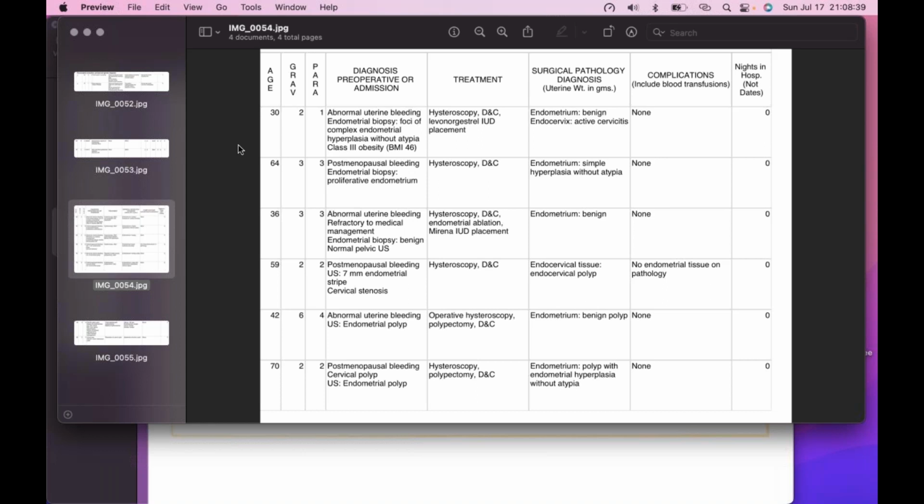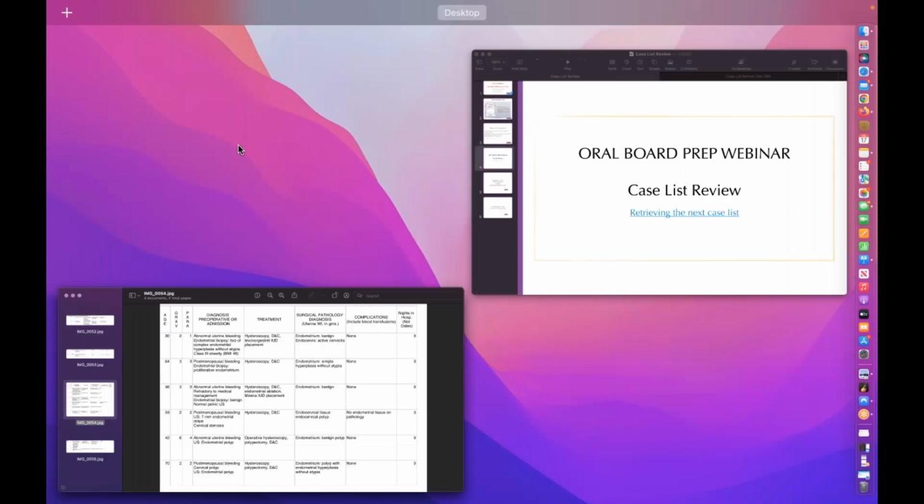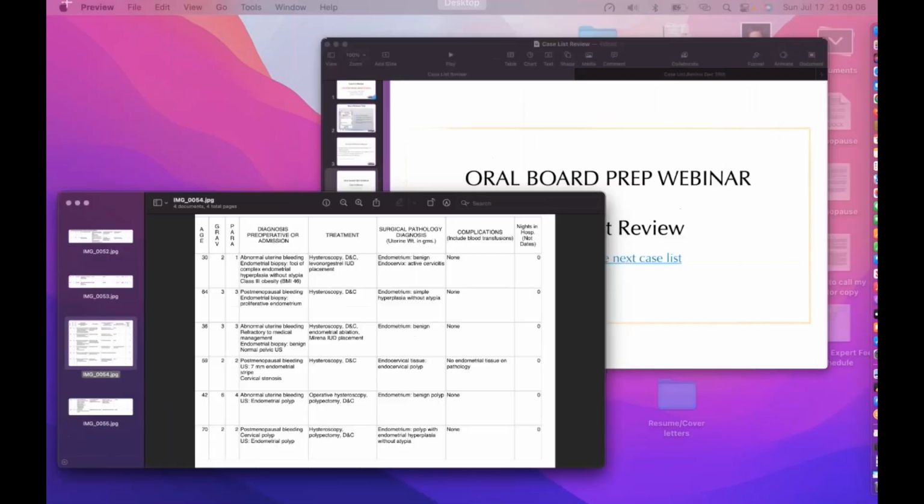And then the treatment was a D&C, hysteroscopic procedure and levonorgestrel IUD placement. Some of the types of questions that can come out of here, we'll first start off with the pre-op diagnosis piece. And that's with a person with abnormal uterine bleeding, what are the signs and symptoms of abnormal uterine bleeding, all right?